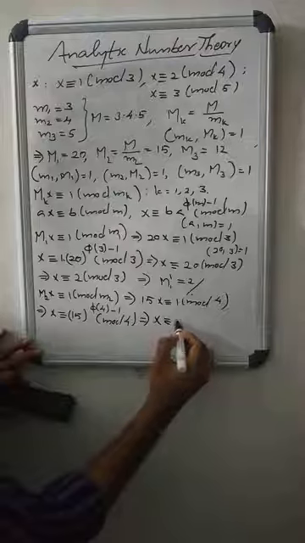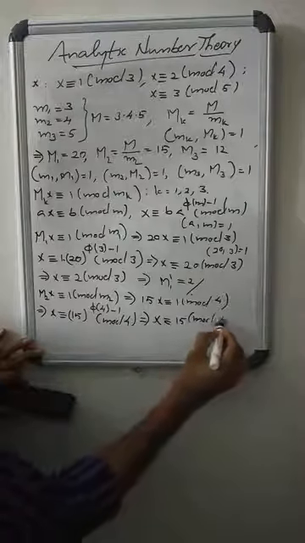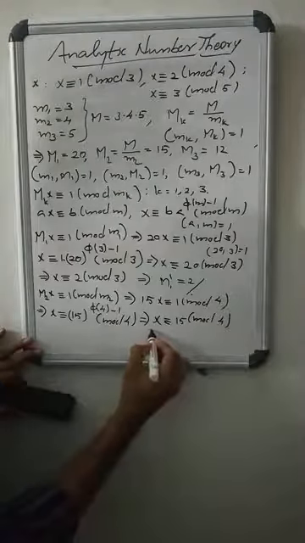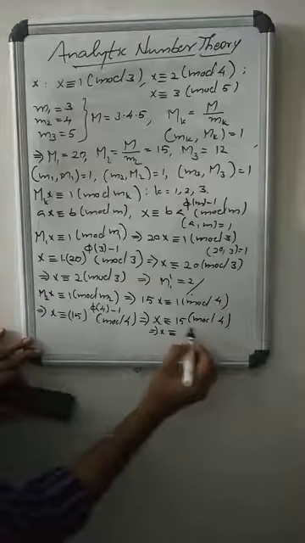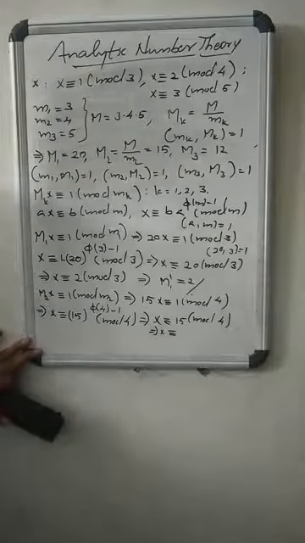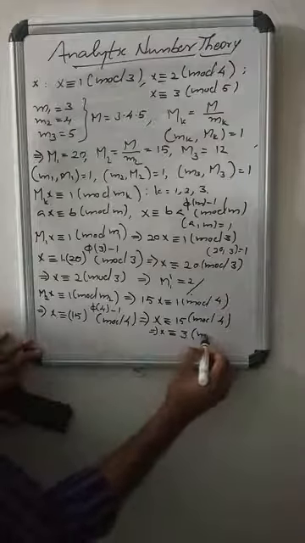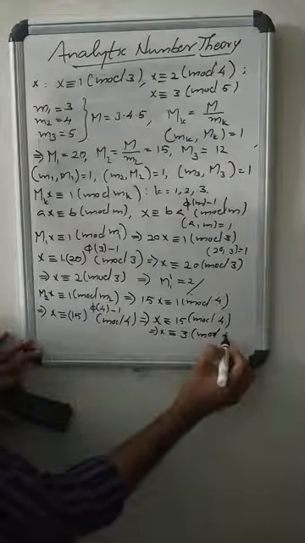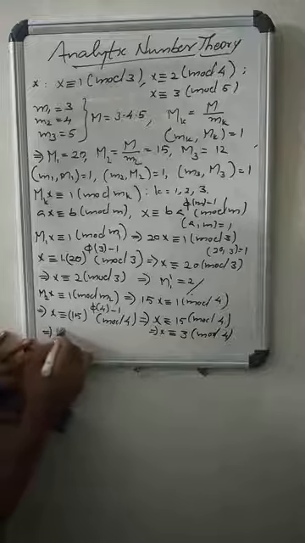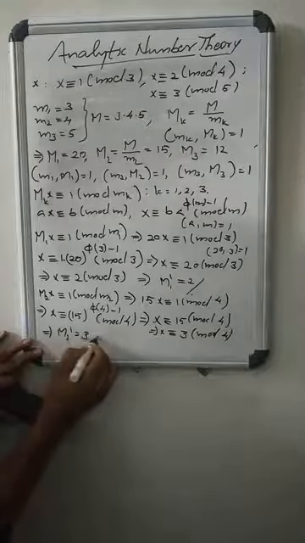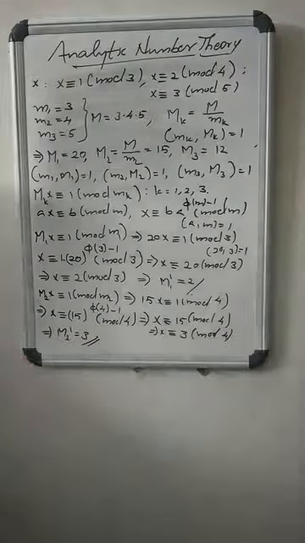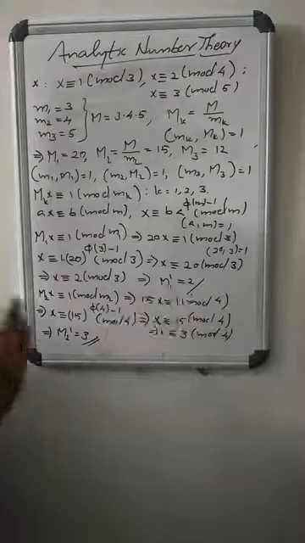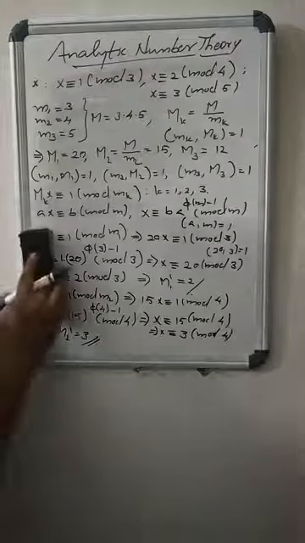So x ≡ 15 mod 4, and dividing 15 by 4 the remainder is 3, so x ≡ 3 mod 4. That means m_2 dash equals 3. So m_1 dash equals 2 and m_2 dash equals 3.